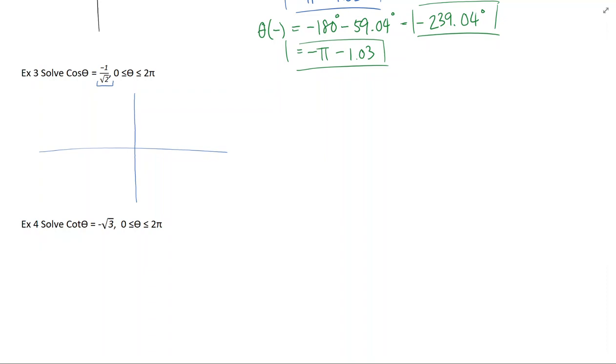PreCal 11, we learned this acronym, ASTC, also known as All Students Take Calculus. Some students like to look at it starting from here, and if you go up, you could think of it as CAST. It's up to you how you want to memorize it.